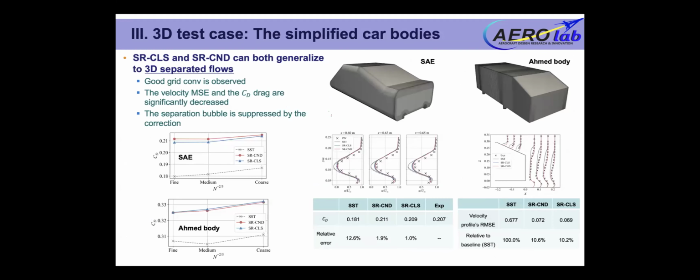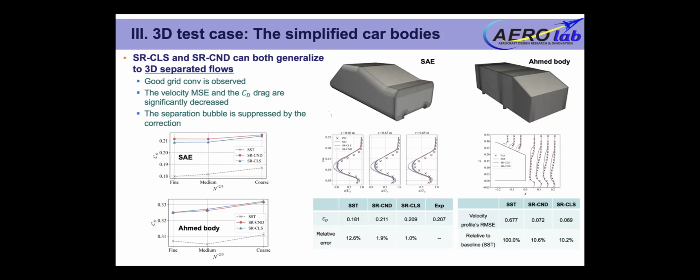And at last, let's look at the 3D test cases, the simplified car bodies. Both the SR-CLS and SR-CND models can generalize to these 3D complex separated flows nicely. That is the SAE car body and the Ahmed body. As you can see, the error in the velocity profiles and in the drag coefficients is significantly decreased by using our models compared with the SST model.